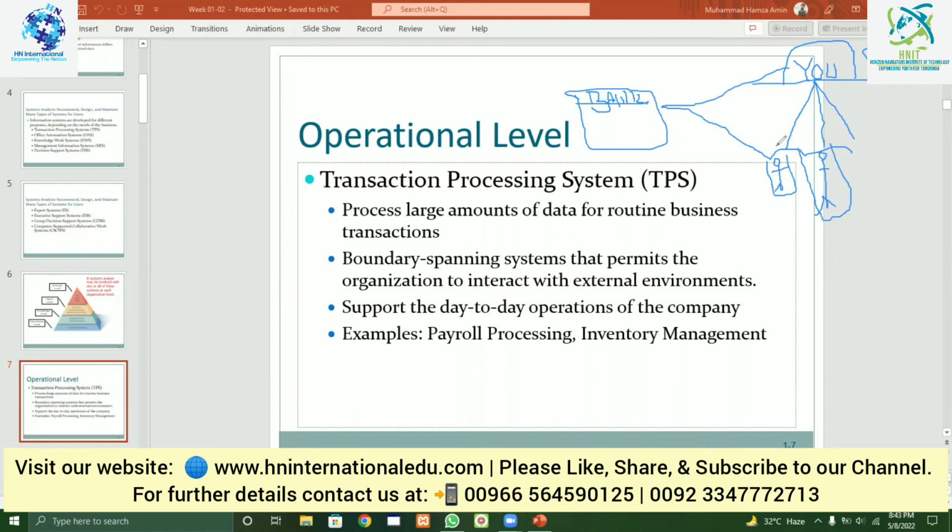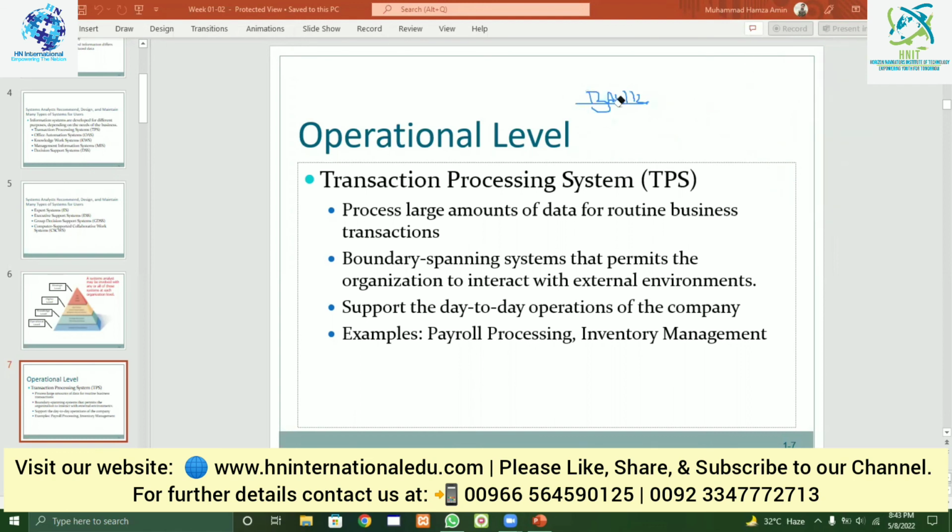Now, you do not know what happened in the background. What did the send button do? Basically, when you hit the send button, Al Rajhi Bank is responsible for giving my salary by cutting from your account and depositing into my account.